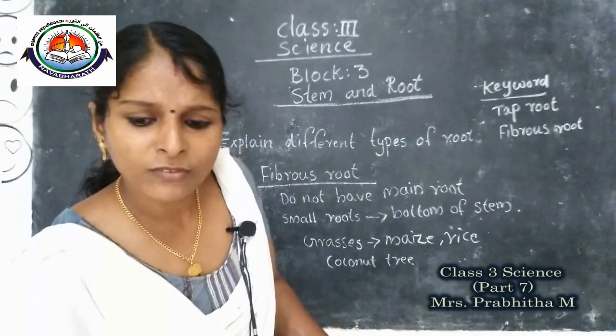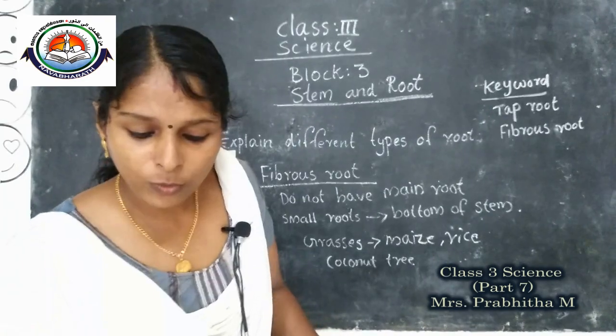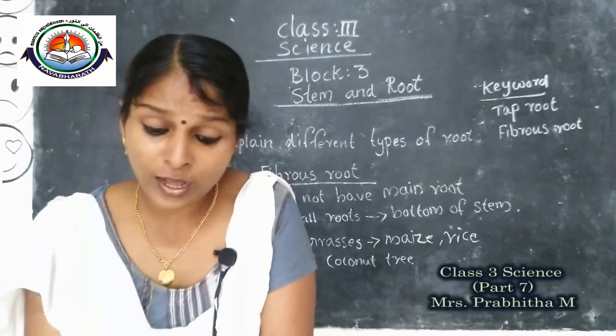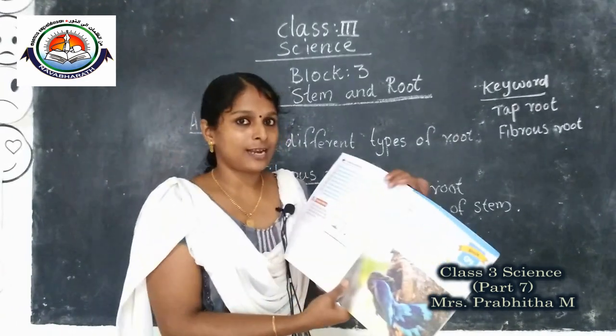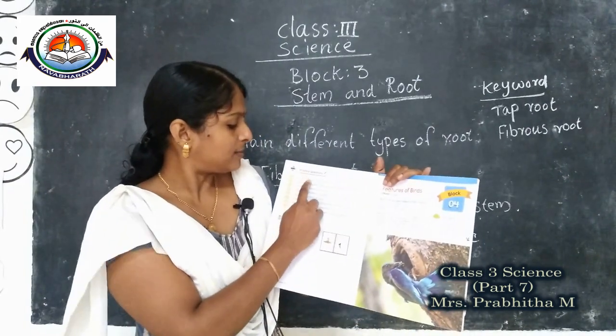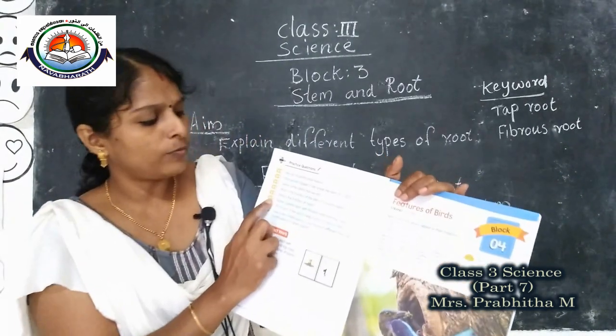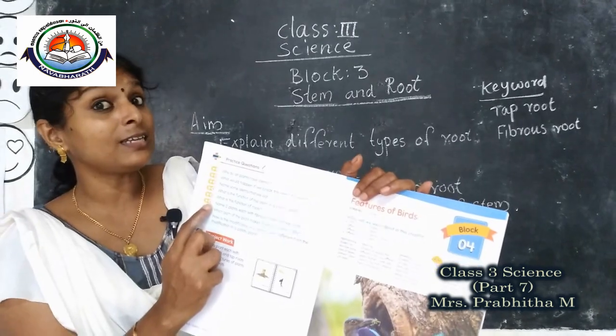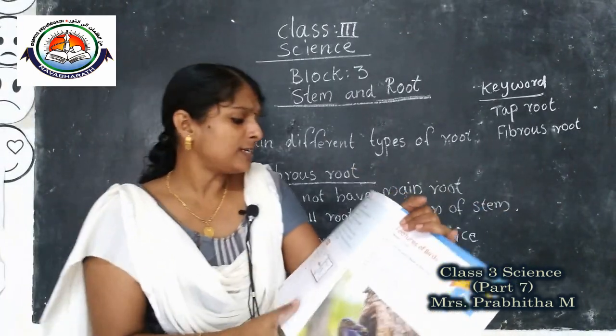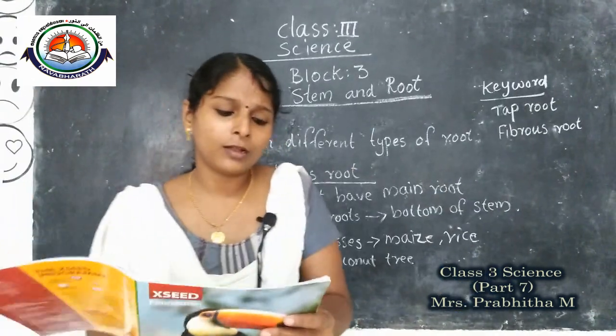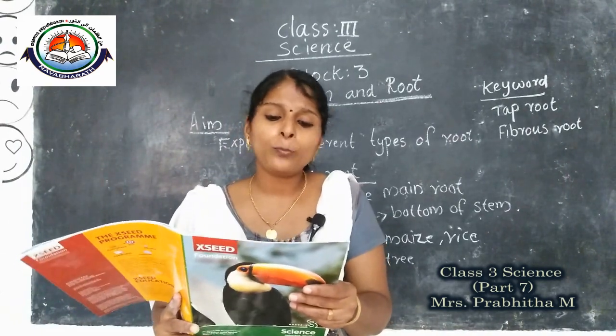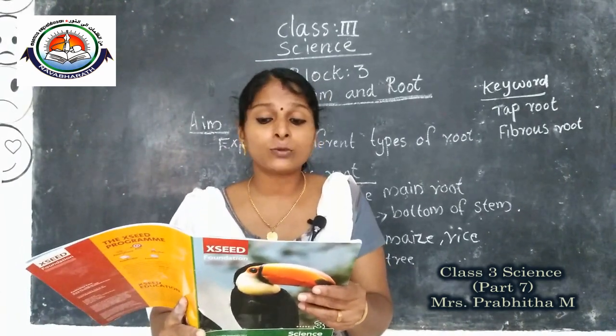And now, after completing this, we already completed 5 practice questions, right children? Now we are going to discuss the 6th practice question. What is this 6th question? Name 2 plants each with fibrous root and tap root.